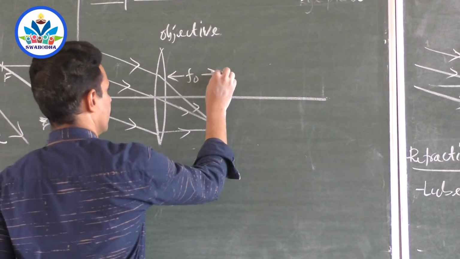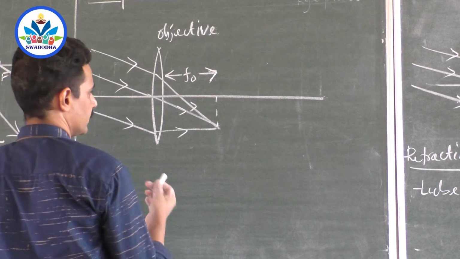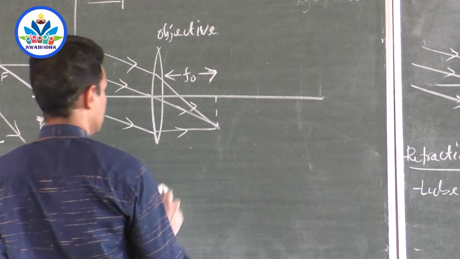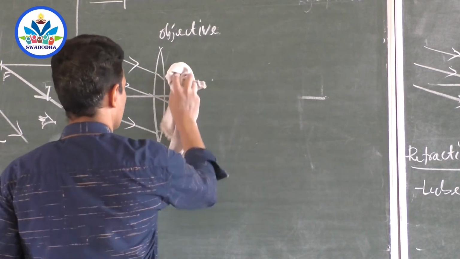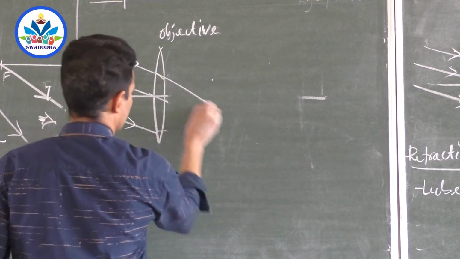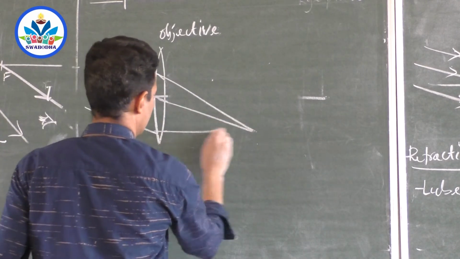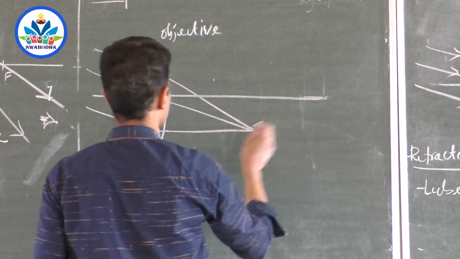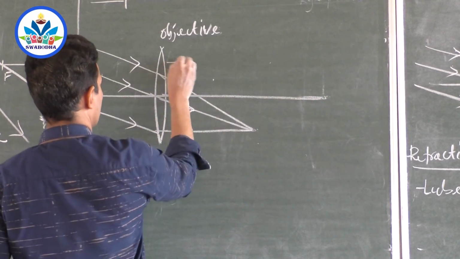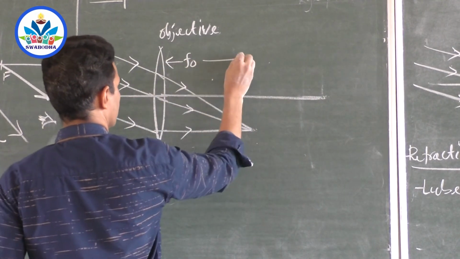Right? Now these rays proceed and okay, I can do it like this. I have to take a little bit more so that the ray diagram is a little bit clear. Okay, so this is the focal length of the objective.